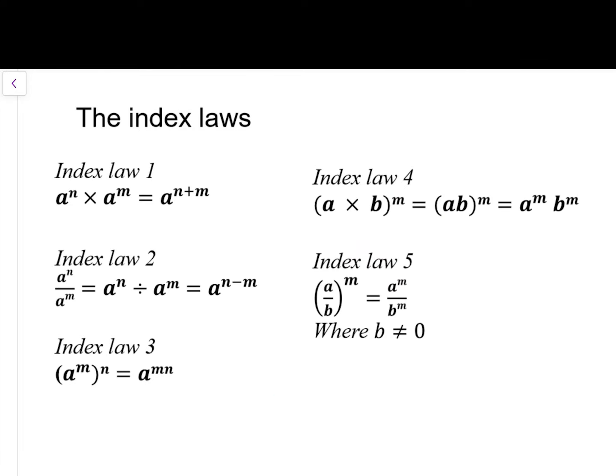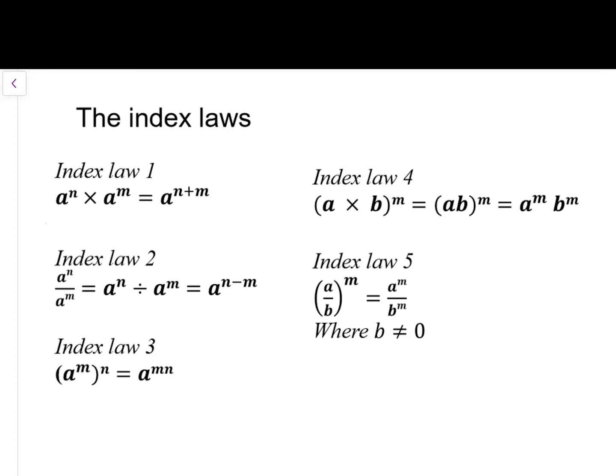Now this brings us to the index laws. We have index laws 1, 2, 3, 4, and 5, and on the next slide we'll look at a few special cases. But let's delve into some of the explanations of what each of them are. So index law 1 says that any two bases multiplied together to a certain exponent, we can equate that by having the same base and then adding the exponents together.